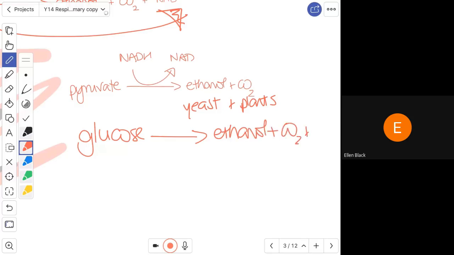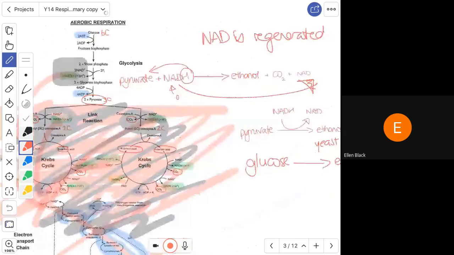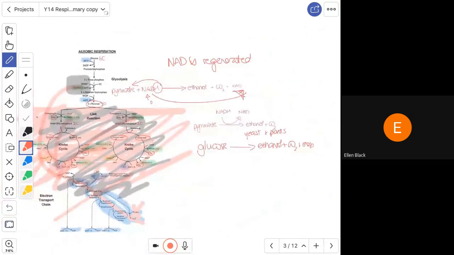Okay. What are we saying happens? We're saying the glucose gets broken down. It goes through glycolysis. We get pyruvate. The pyruvate gets converted into the ethanol and a molecule of carbon dioxide. The NAD gets regenerated.